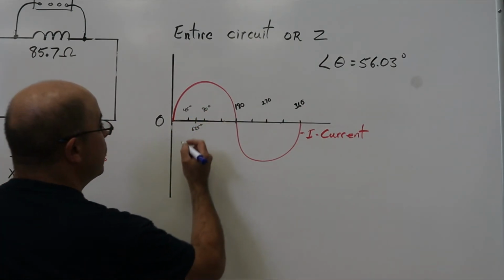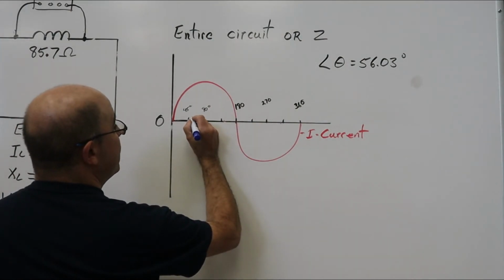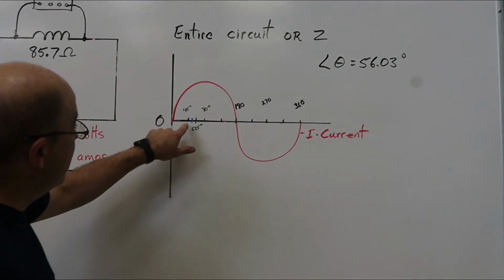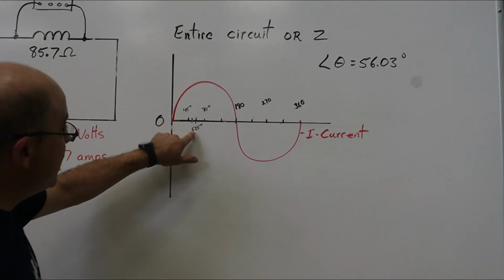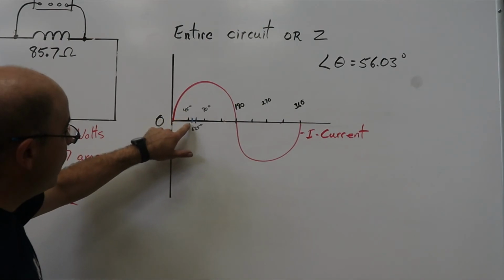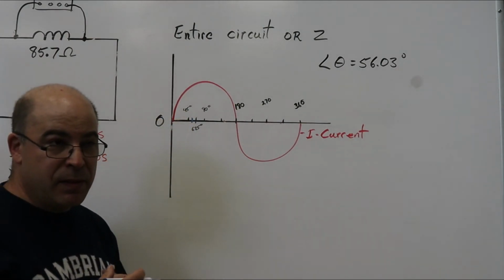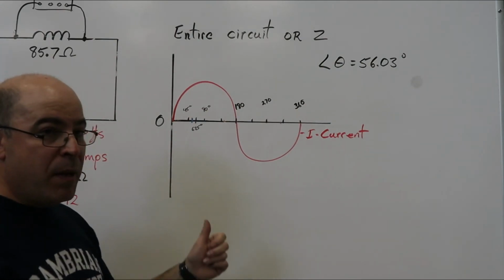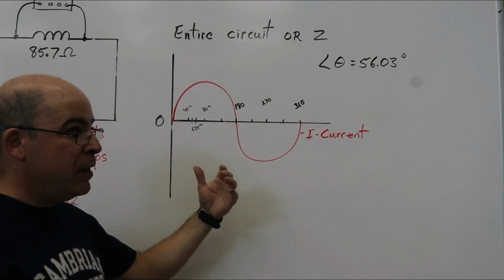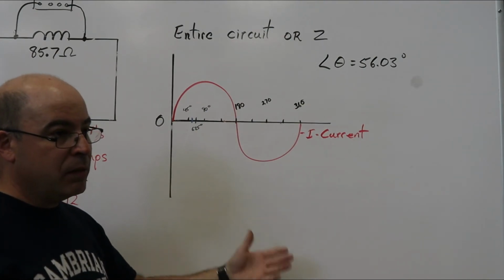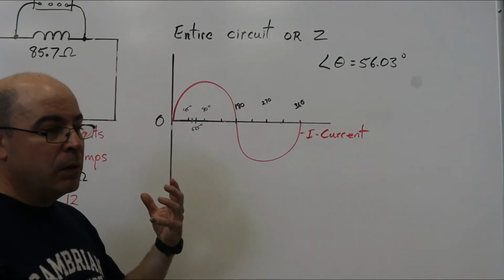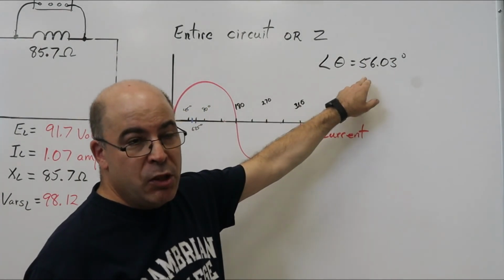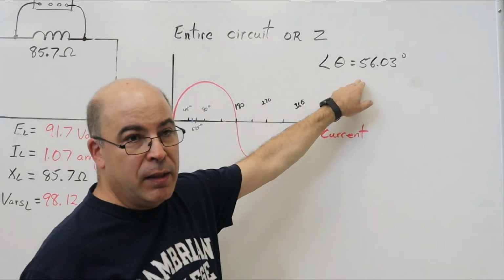So without measuring it, I would estimate or guesstimate in this case that right here, halfway between 67.5 and 45, if I was to try and represent this with any degree of accuracy graphically, remembering as well that this is an inductive circuit, and so because of this 56 degrees, the voltage is going to lag behind the current.